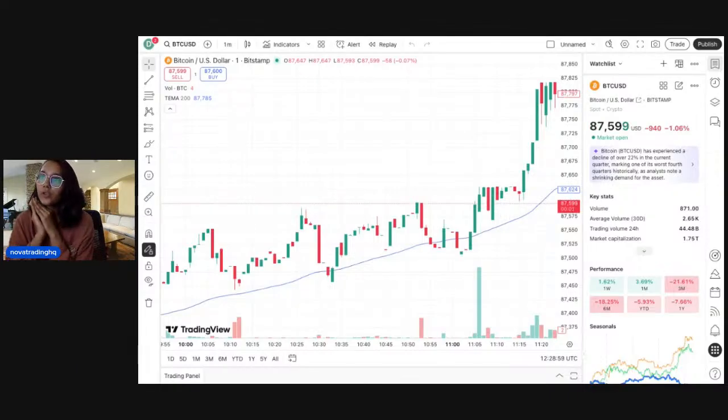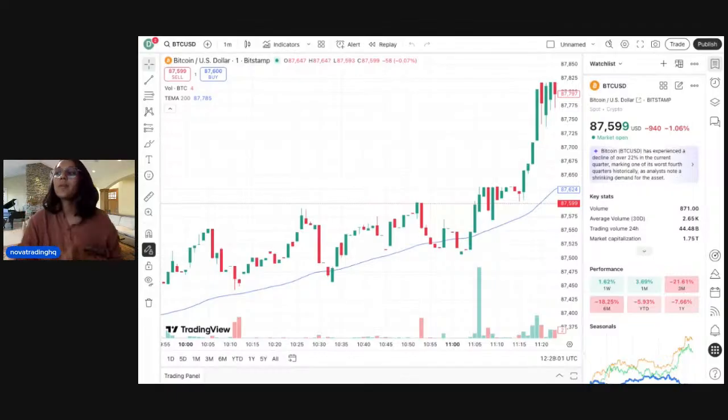From 10:42 to 10:47, what happens? Just checking the chart, what I can assume is there is volatility plus fake outs, right? When I say fake out, there was definitely a liquidity hunt here.